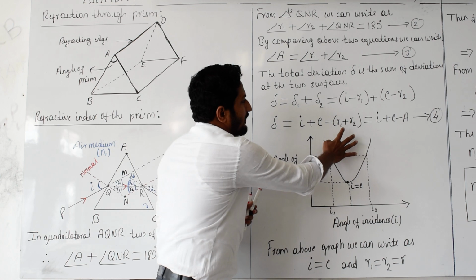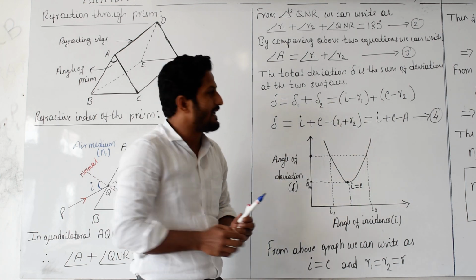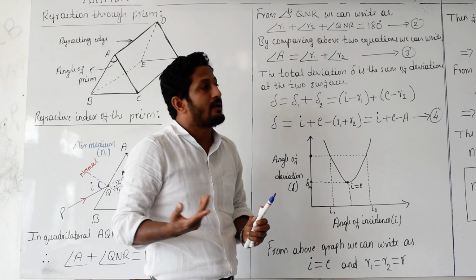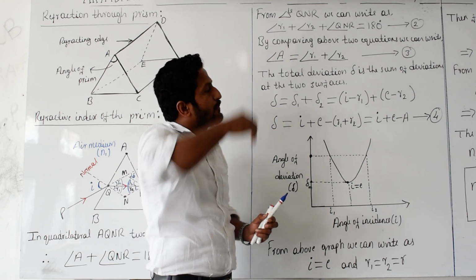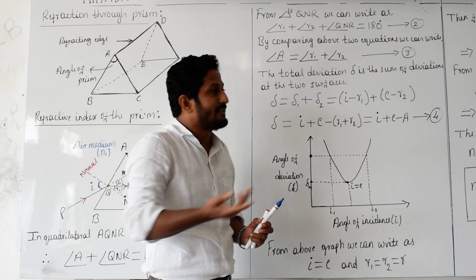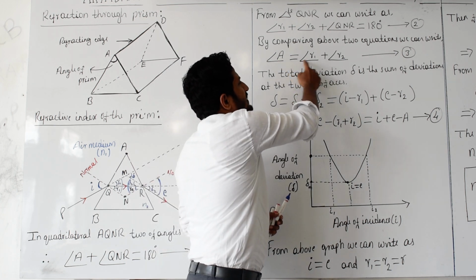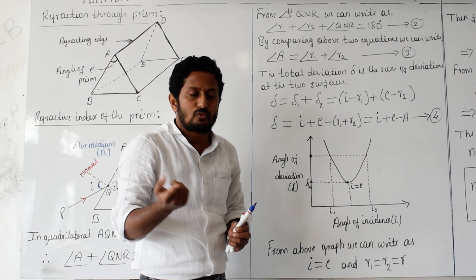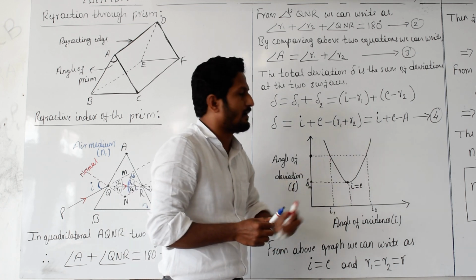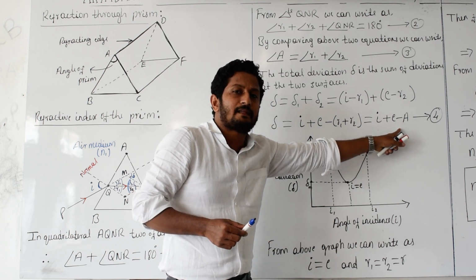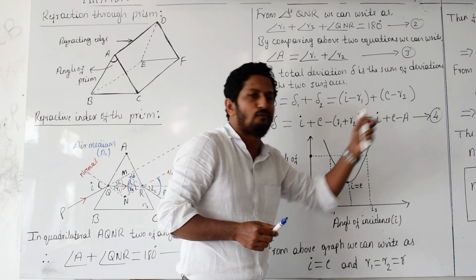Here in place of R1 plus R2 I replaced that term by A. Why? Because from our previous equation 3 we can conclude that angle A is equal to the sum of angles R1 and R2. So R1 plus R2 I replaced by angle A. Name it as equation number 4.